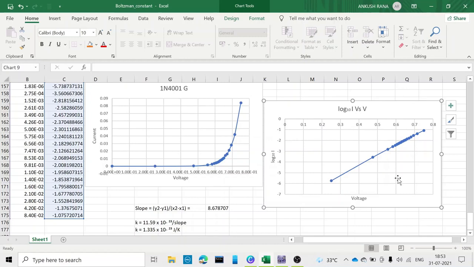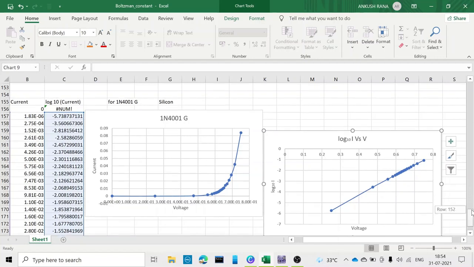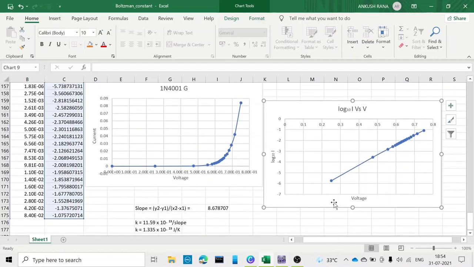Now, looking at this graph, we have to find the slope of it. We know the formula for K. I have calculated this for silicon, and the code of that diode is 1N4001G, and this is the value of the slope.